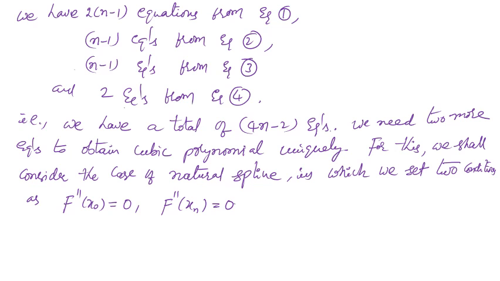So the double derivatives at endpoints x naught and xn are equal to 0. Now these are the conditions.